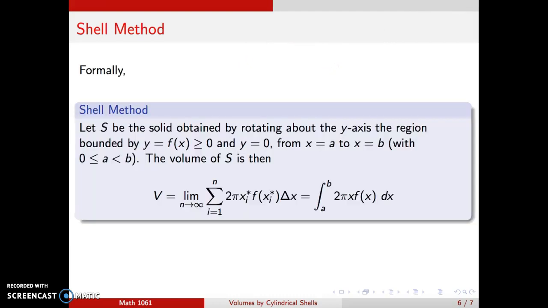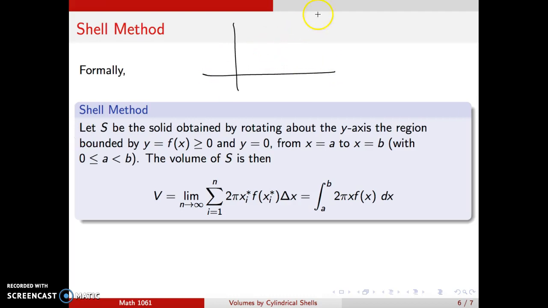So formally, here's the description. If S is a solid obtained by rotating about the y-axis the region bounded by y equals f of x and y equals 0 from x equals a to b. So it's our kind of standard situation here.